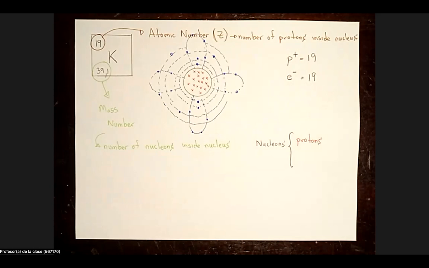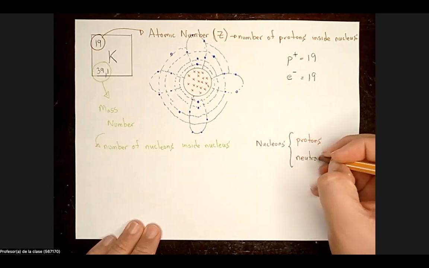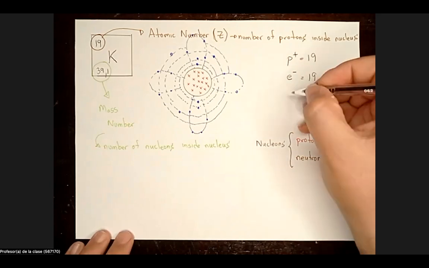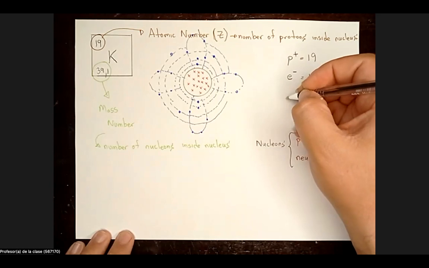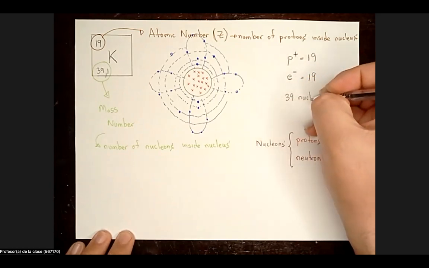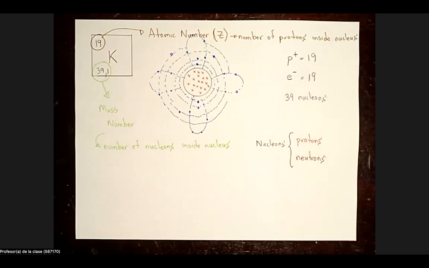Neutrons. Protons and neutrons are nucleons. So in this case, there will be 39 nucleons in a potassium atom.